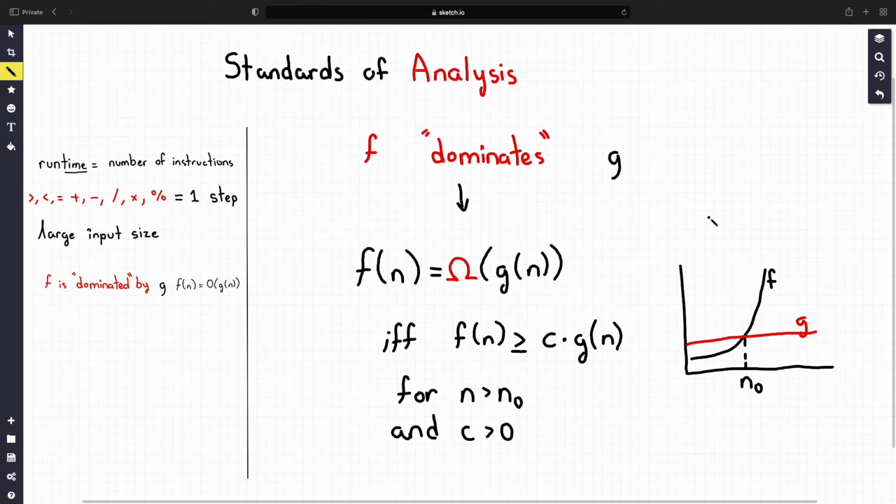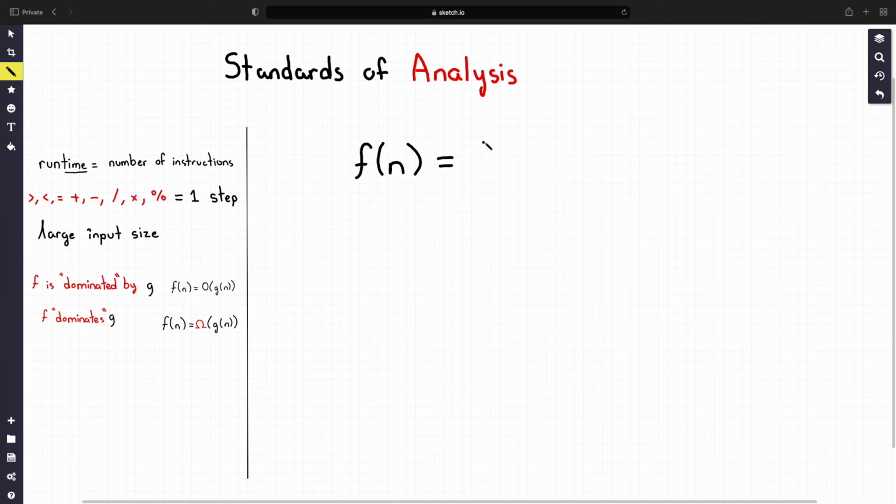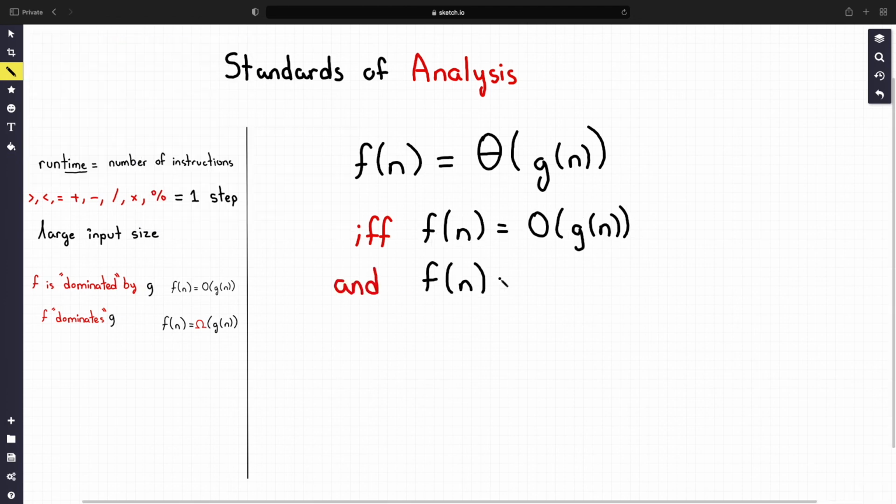The last of the standards that I want to cover is big theta. f is big theta of g if and only if f is big omega of g and f is big O of g. Now, that may seem like a contradiction, but remember that big O of g means that f is smaller than some function in the class of functions represented by g.